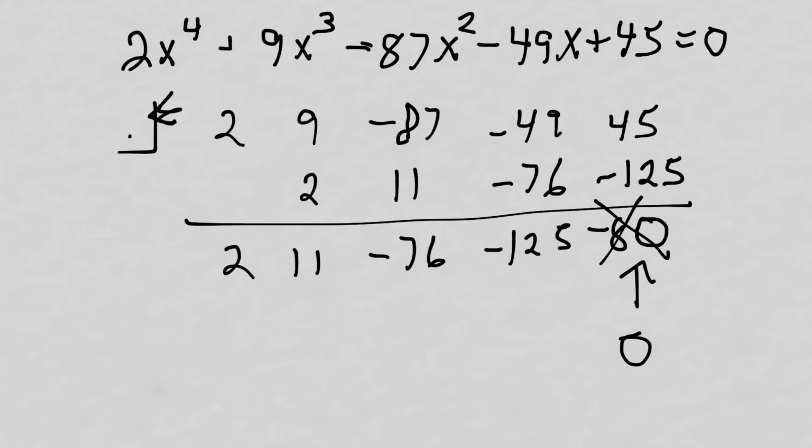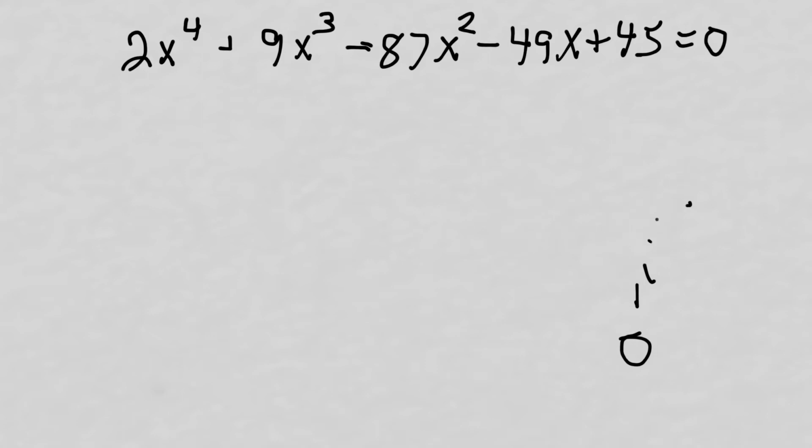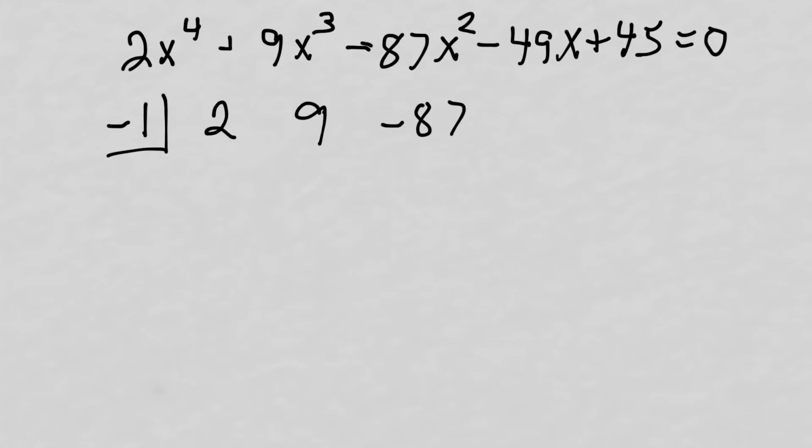Let's try negative 1. And I would say on most of these problems, you're going to find that 1 or negative 1 works. Not a promise, but it's pretty much most of the time. Negative 1, all right? It's going to be 2, 9, negative 87, negative 49, 45.